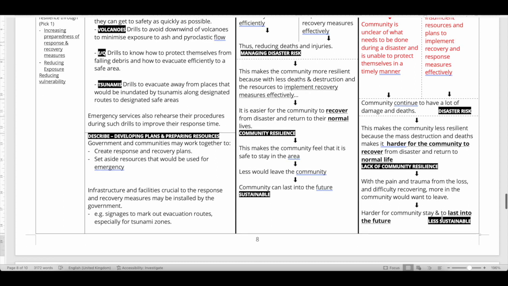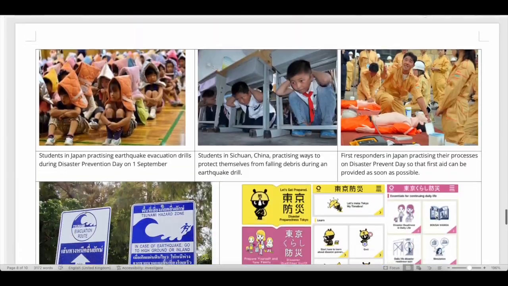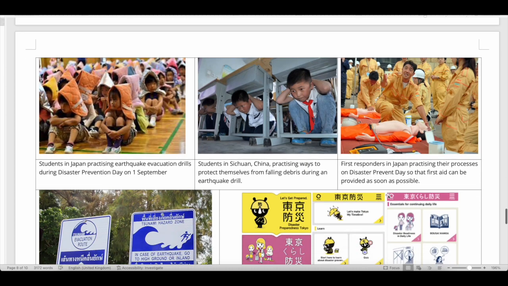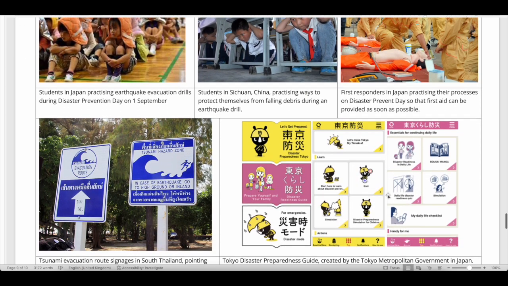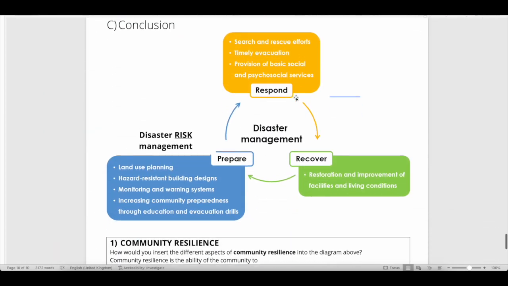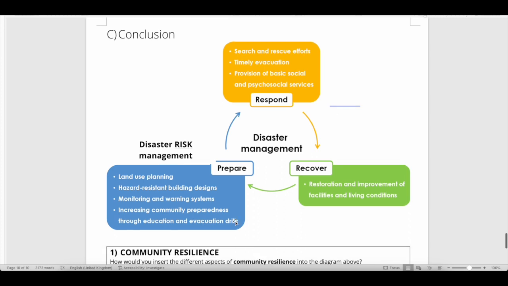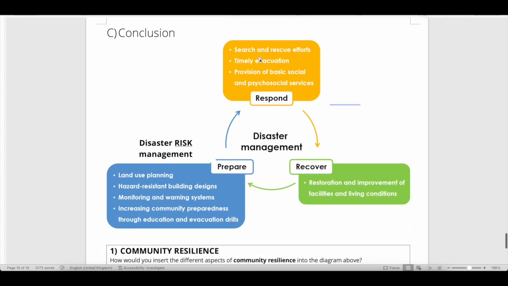Okay, so looking at these 4 measures, let's summarize together. These are pictures that you can look at of how different countries have tried to respond and prepare for disasters. So in conclusion, this is the whole topic 3 more or less. We have previously looked at how we respond to disaster. After we respond, we recover.